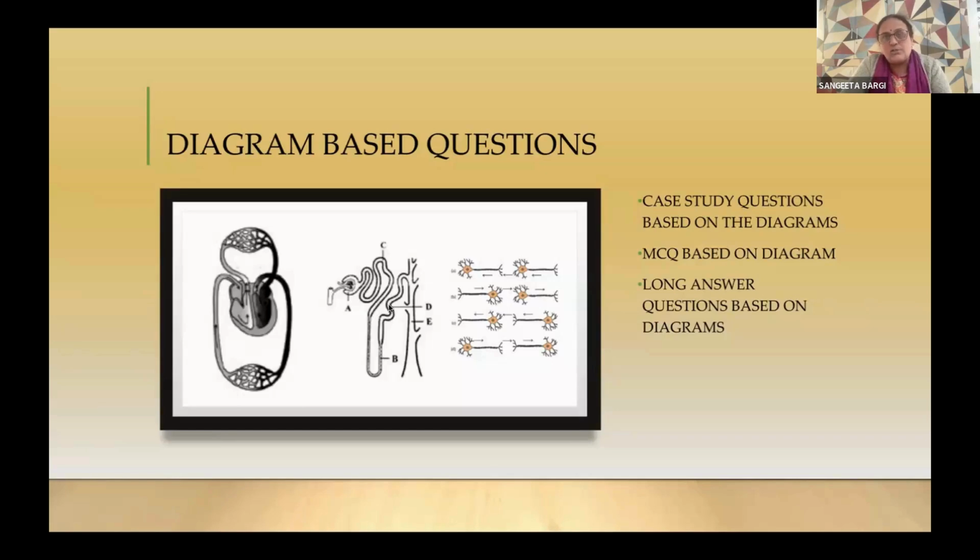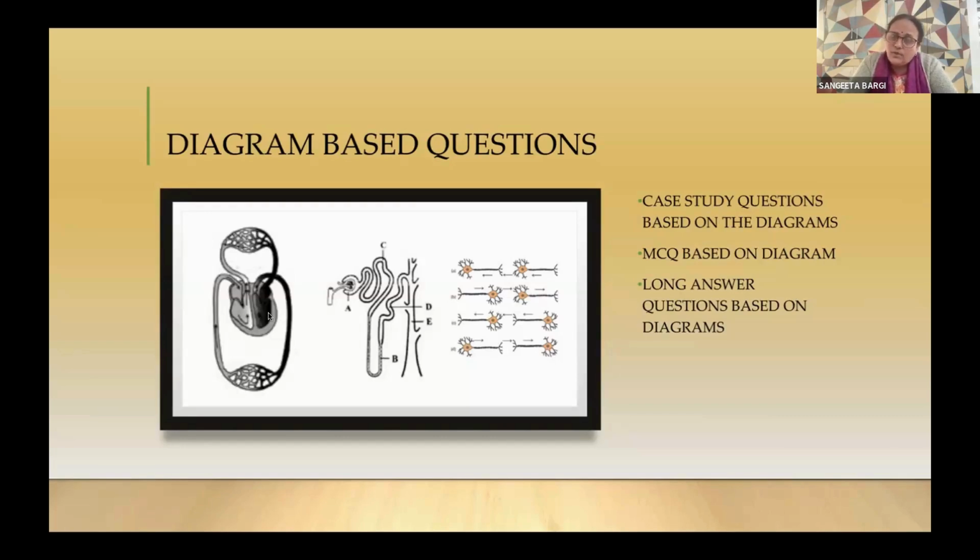So also practice drawing the diagrams, whichever you have been told by your teachers and mentors. Along with that, also get familiar with this: they will not directly ask you, suppose this is the circulatory system, exchange of gases, this diagram is given. They will not directly ask you to label left ventricle or right ventricle.